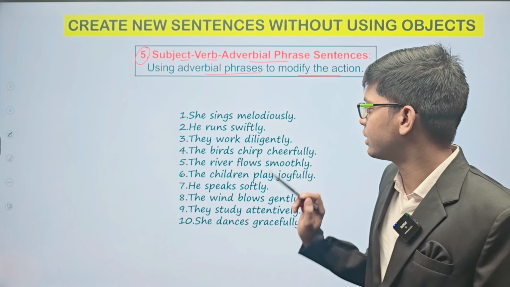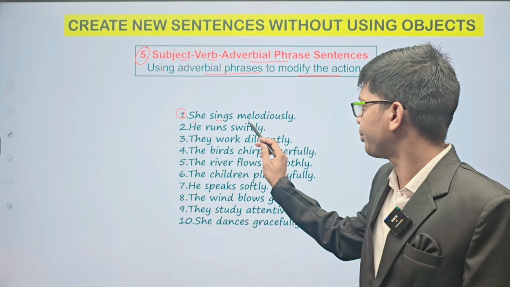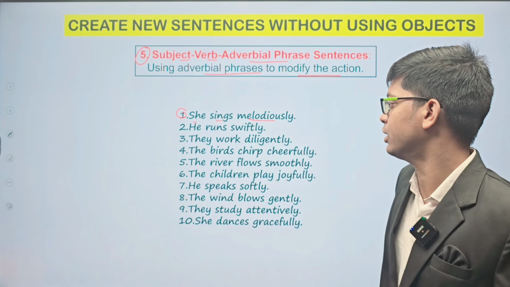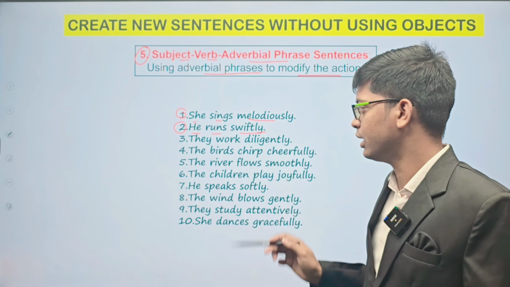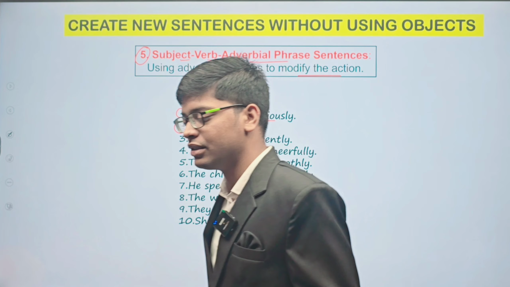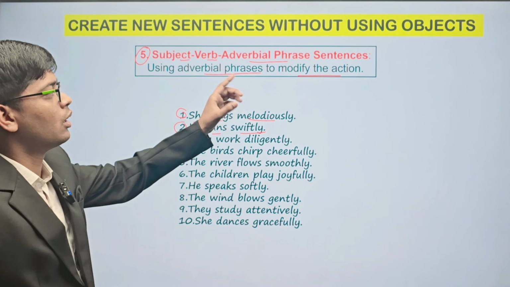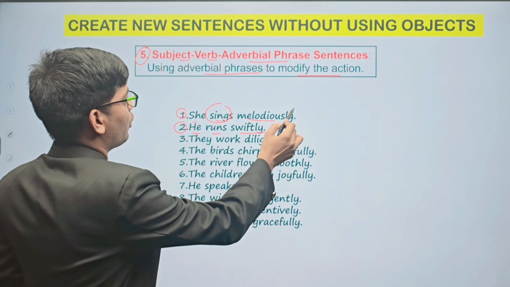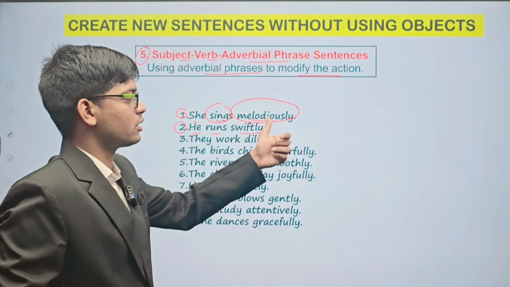Let's see examples. First example, she sings melodiously. Next one, he runs swiftly. In these types of sentences, the adverbial phrase modifies the action. The action is sings and the modifying adverbial phrase is melodiously.